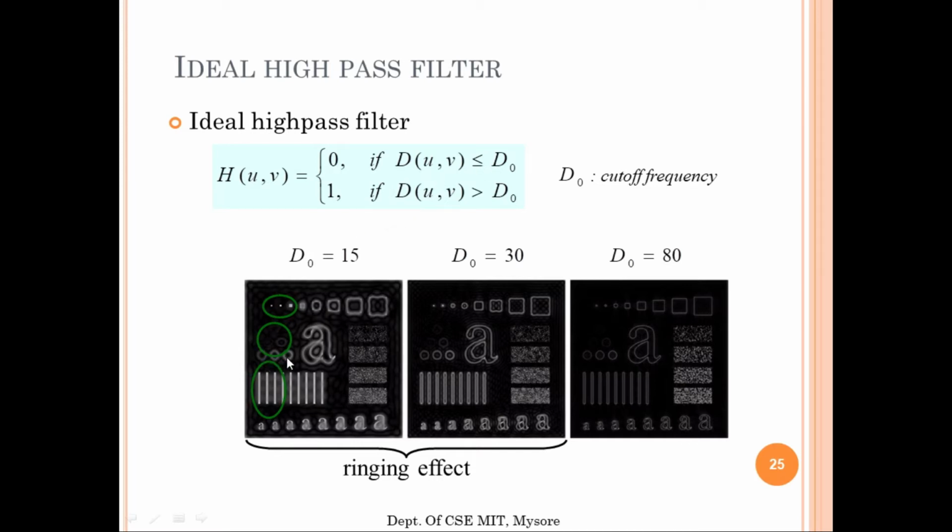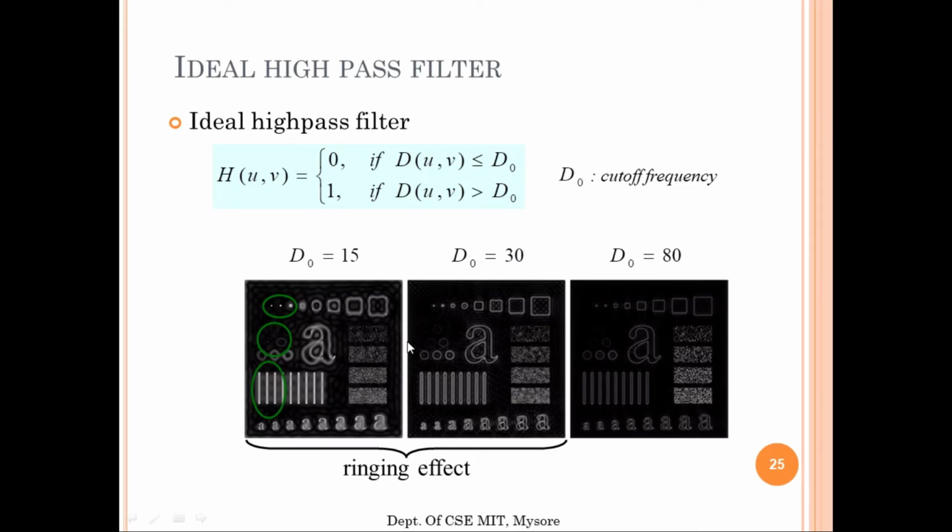In the output, if D0 is 15, there will be a ringing effect; in the first image the circles and edges are not clear, and there is a blurring effect. In the second image, D0 is 30, with a little ringing effect and less blurring. If D0 is 80, the image is clear: the fonts, circles, and edges are all clear.